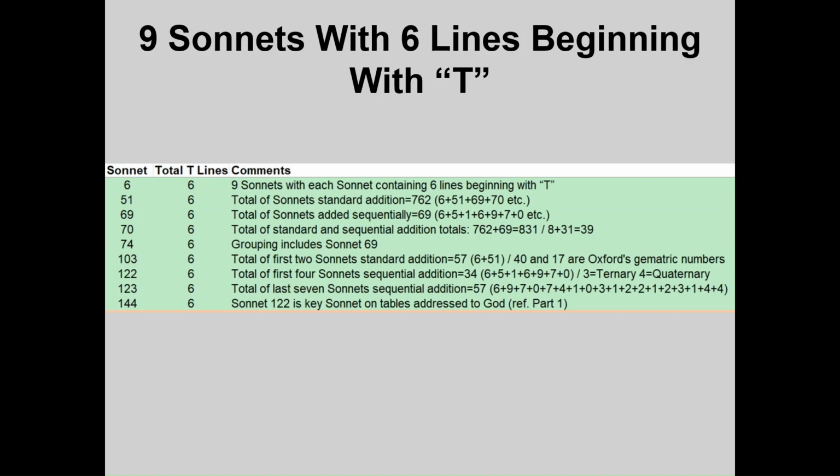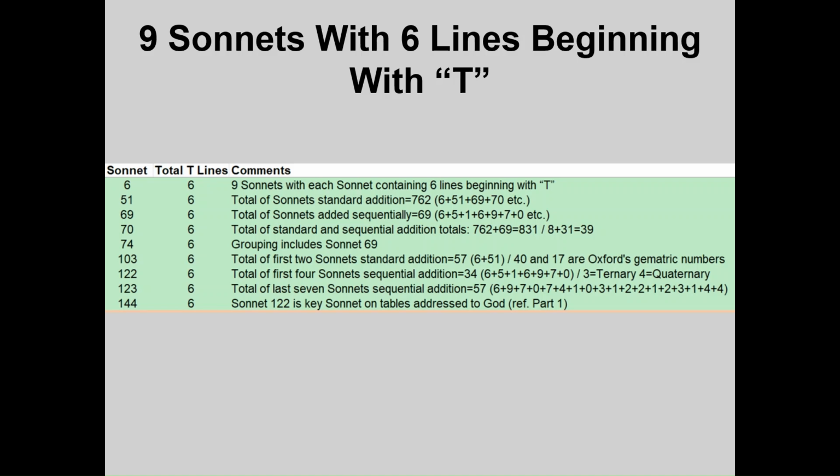The first two sonnets total 57, which, as we just covered in the prior slide, are the total of Oxford's grammatric numbers 40 and 17. The last 7 sonnets added sequentially also equals 57. Additionally, this group contains Sonnet 122, which I covered in depth in part 1 of this series.